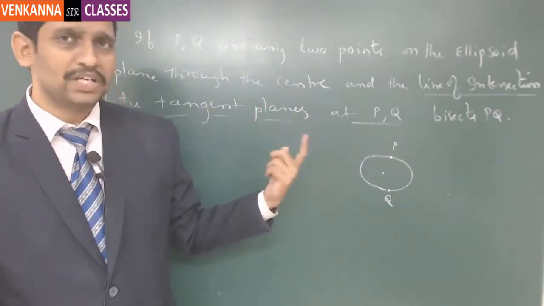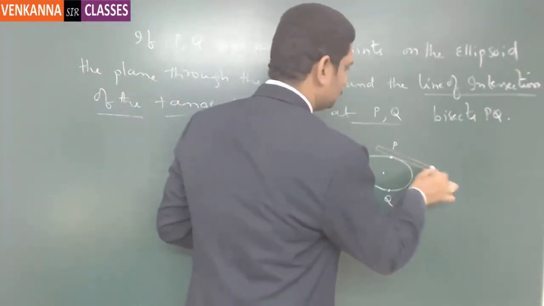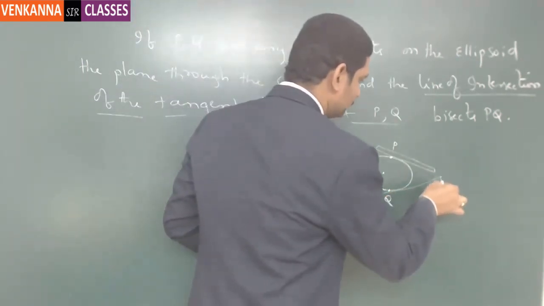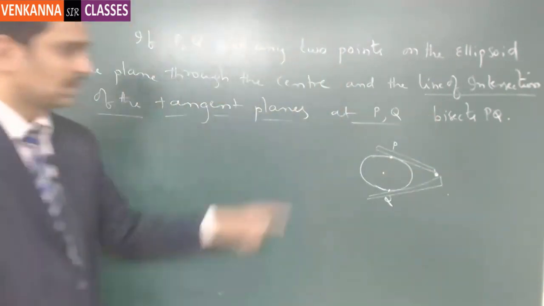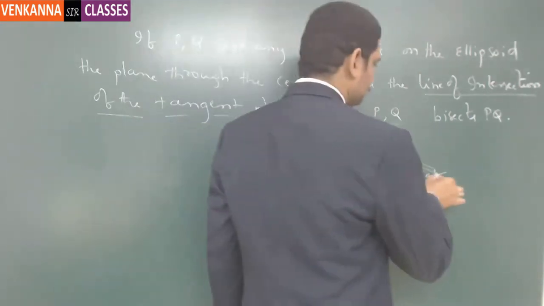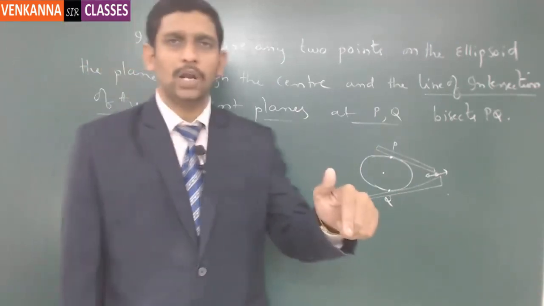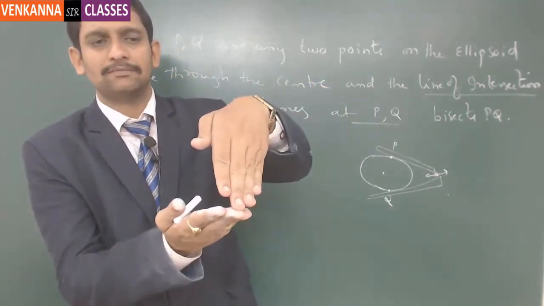So for my visualization, I feel that this is one tangent plane, and again you will have another tangent plane. So you will get the line of intersection here. There you will get a line. Clear to all? It is just like you take a ball, on top of it, on bottom of it, you place 2 planes like this, 2 planks.